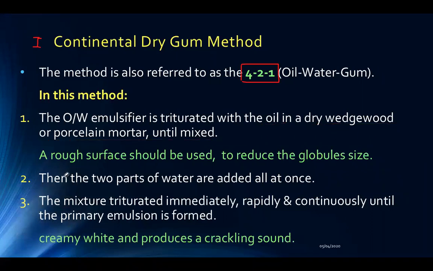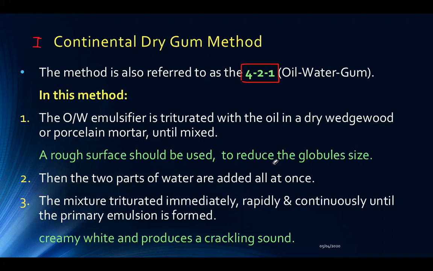Second، هون بحكي لك rough surface should be used to reduce the globule size. يفضل في هاي التحضيرة عشان to reduce the globule size. وباي ذا واي يعني كل ما كان الجلوبيول size أصغر كل ما كانت تحضيرتك more stable.